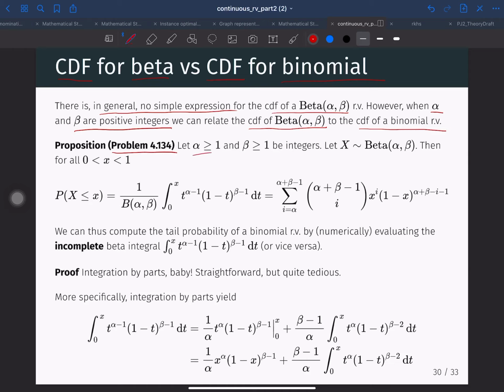Let alpha and beta be integers. For x beta alpha beta, this is the CDF of x, and this is 1 minus the CDF of a binomial alpha plus beta minus 1 with probability x, where x is the probability of success here and here. That is, 1 minus the CDF of this one is bigger than or equal to alpha, or less than or equal to alpha.